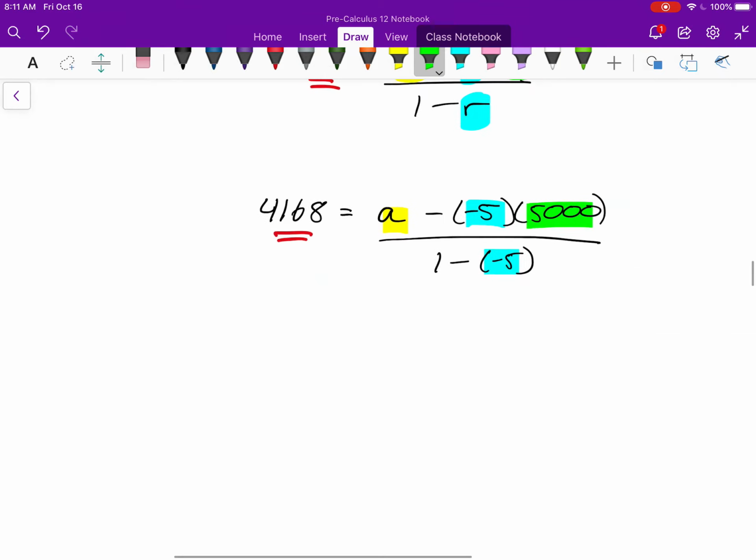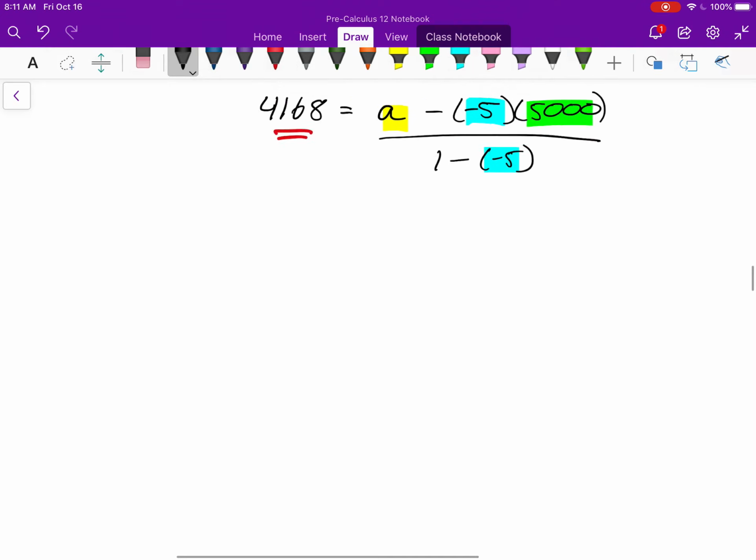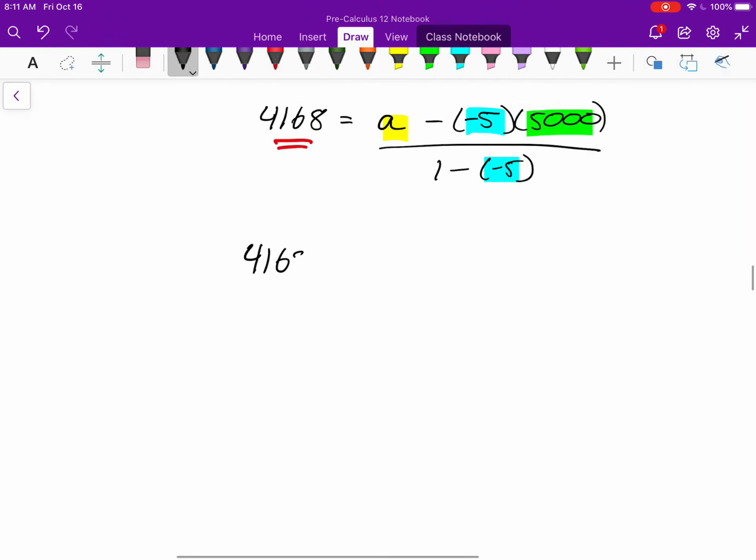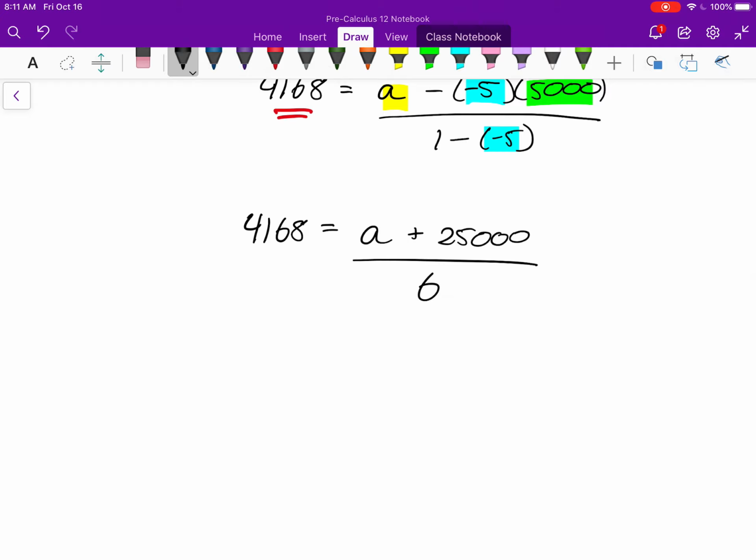So what I want to do first is just clean this up a little bit and say, because I don't like all those negatives, 4,168 equals A plus 5 times 5,000, which is 25,000, divided by 1 minus negative 5, same as 1 plus 5, or 6. I like that better. Now, multiply both sides by 6, and really, at this point, all I have to do is multiply both sides by 6 and just subtract 25,000, and I get A equals 8. So I know that's my first term.